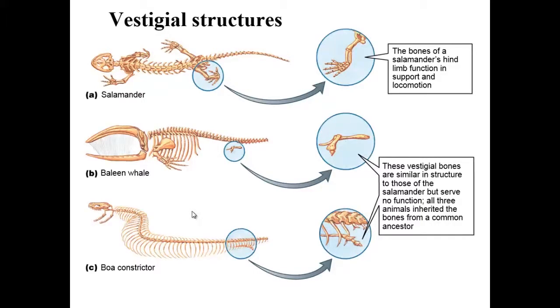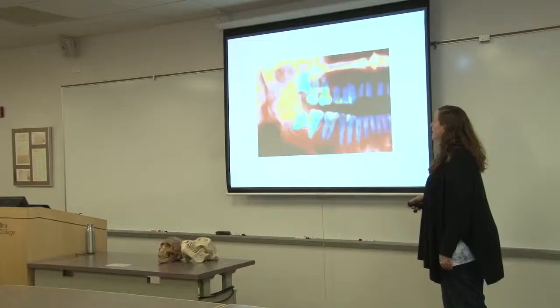What that tells us is that maybe millions of years ago the whale and the snake used to have legs. Now they have had that selected for to be more streamlined, right? A snake is going to kind of curve around on the ground, and a whale is going to do the same in the ocean. So they don't want that drag on land for snakes or in the ocean for the whales.